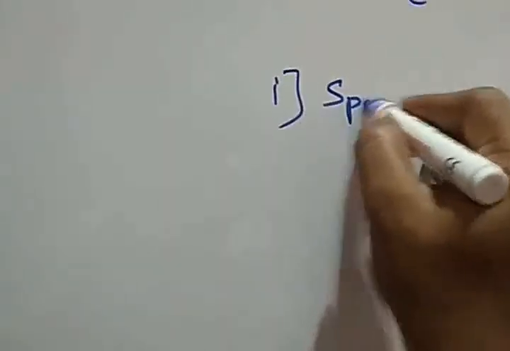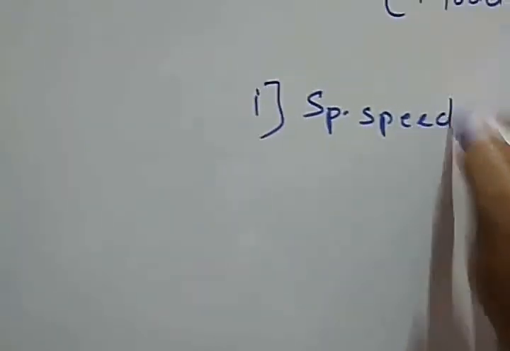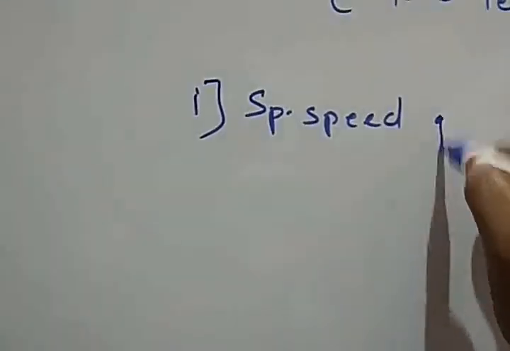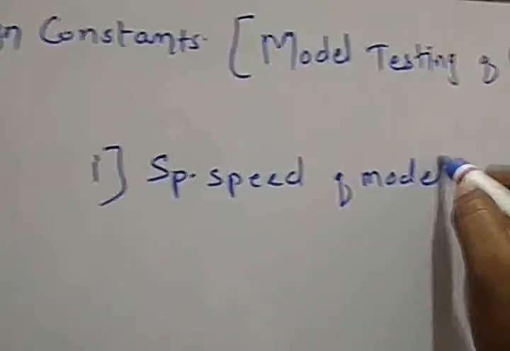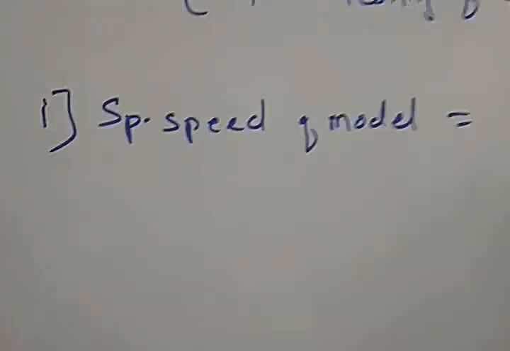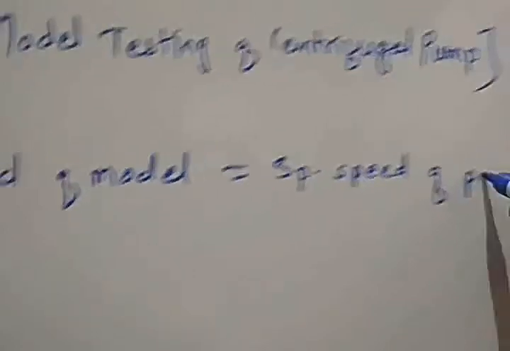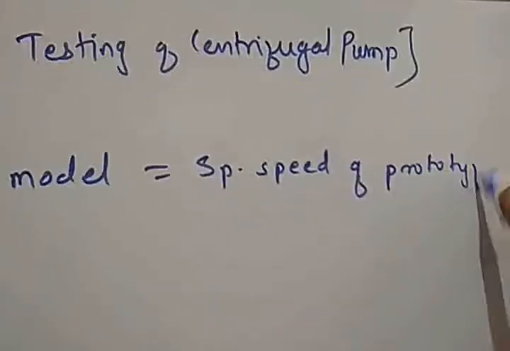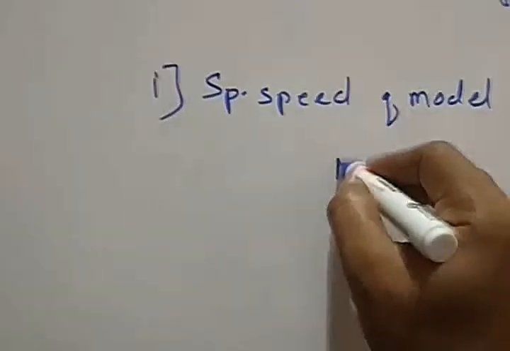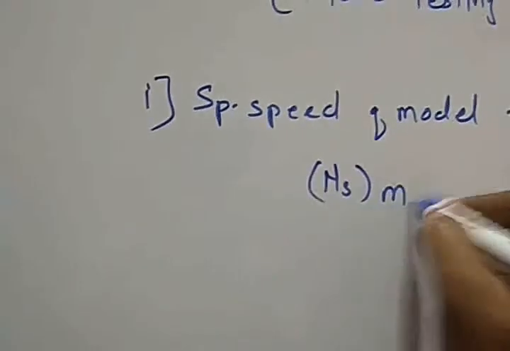So the first condition is specific speed. The specific speed of model is equal to specific speed of prototype. So we know that the specific speed, that is ns for model, should be equal to ns for prototype.